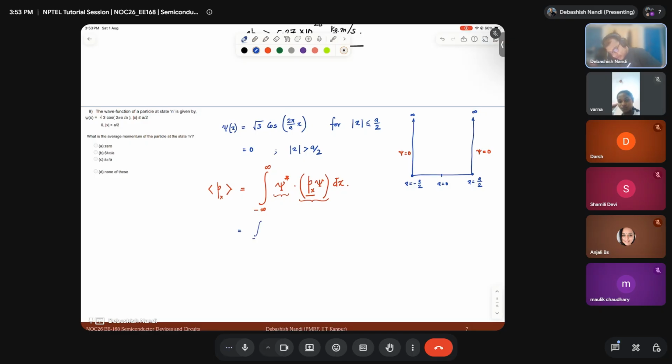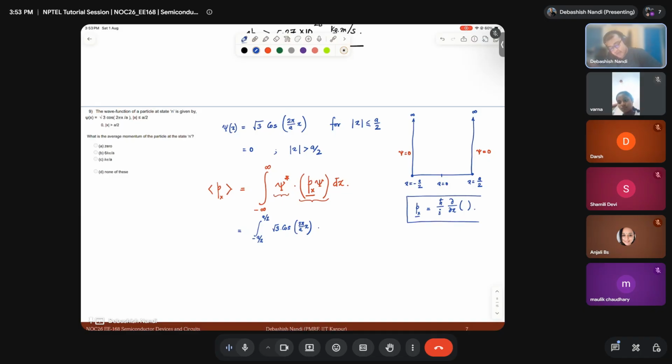From our equation, we know it is valid only from minus a by 2 to a by 2, otherwise my psi star will be 0. Then it will be psi star, that is only psi in our case, cos 2 pi by a x times what was my momentum operator, by the way? Can anyone remember? Momentum operator was h bar by i del x, right?